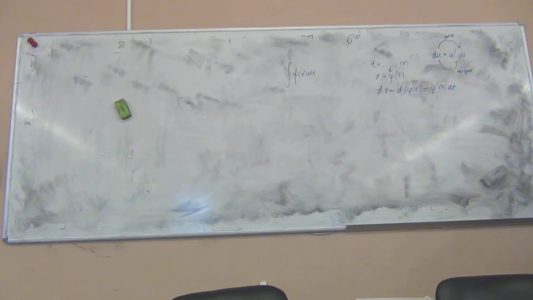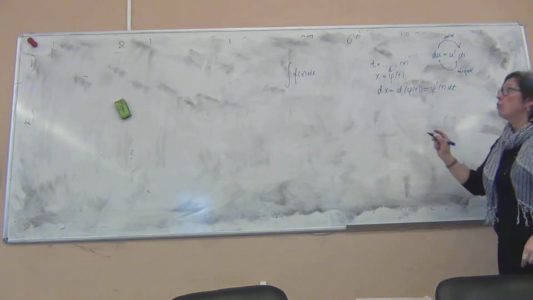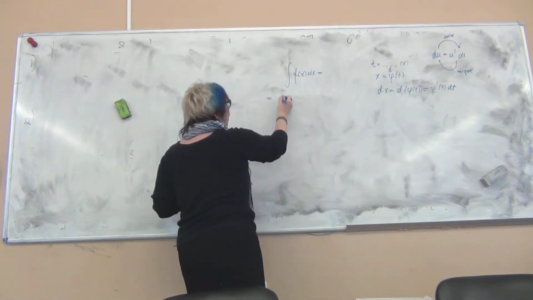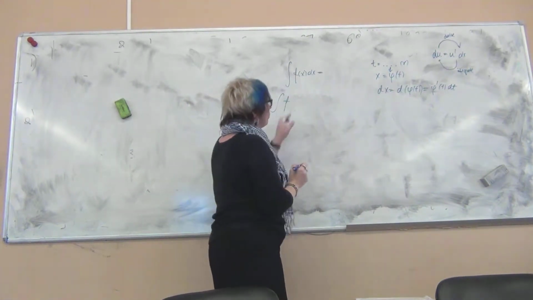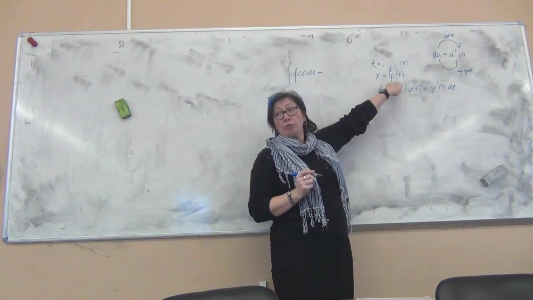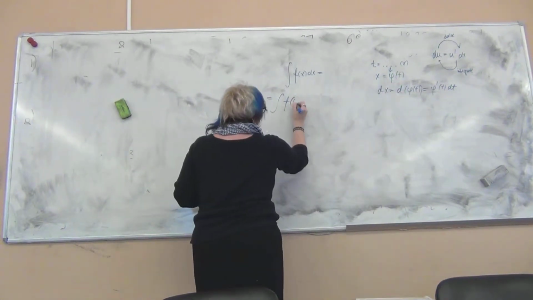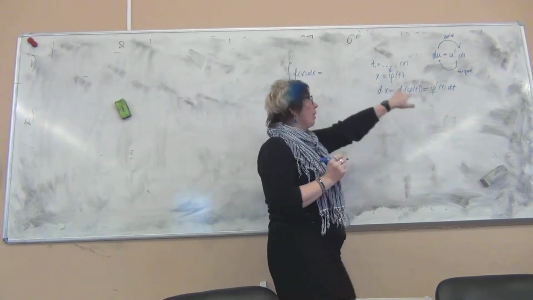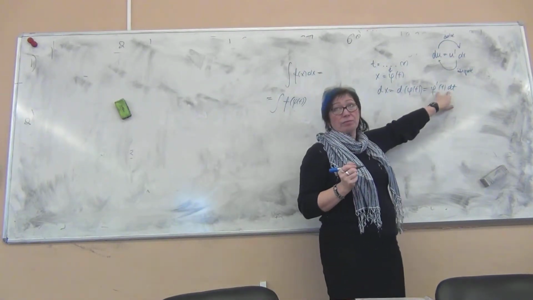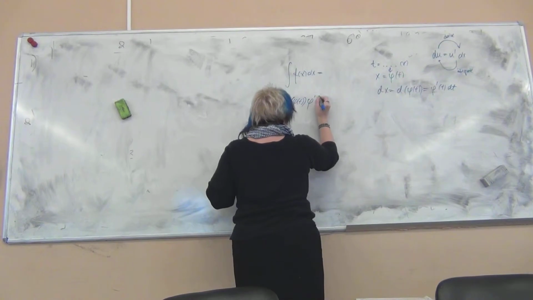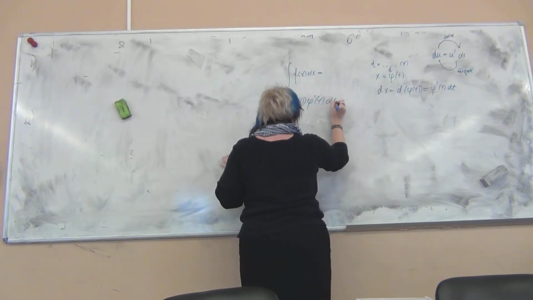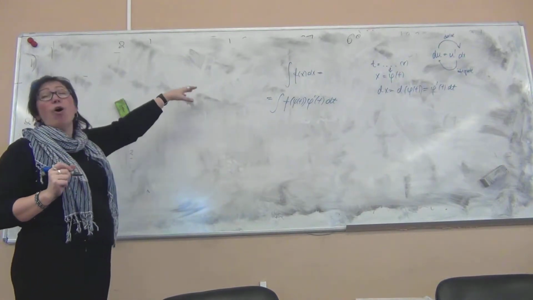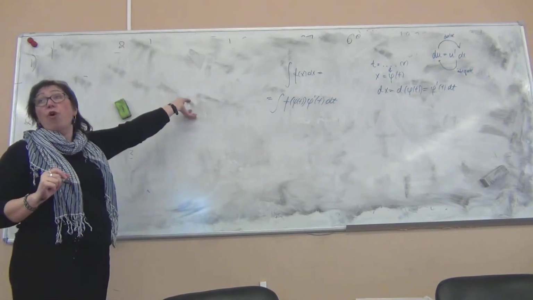So now I can replace the original function by f of phi of t times phi derivative of t dt, and now we basically have again the same old form.